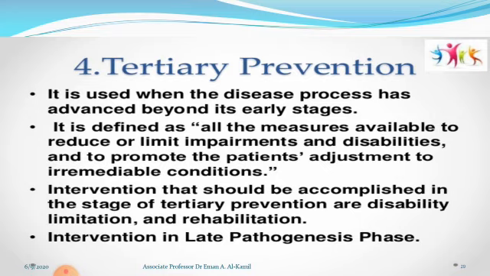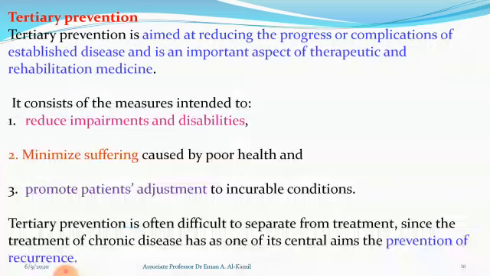So interventions included in tertiary prevention are treatment, either medical treatment or surgical treatment, or rehabilitation by physiotherapy. The tertiary prevention is aimed at reducing the progress or complications of established disease, and it is an important aspect of therapeutic and rehabilitation medicine.